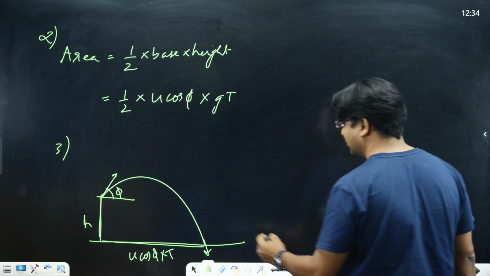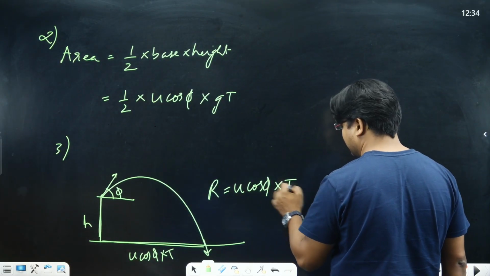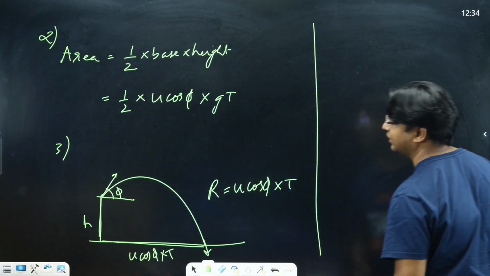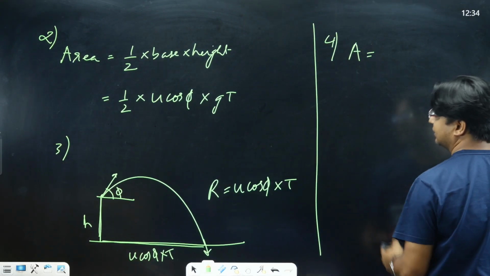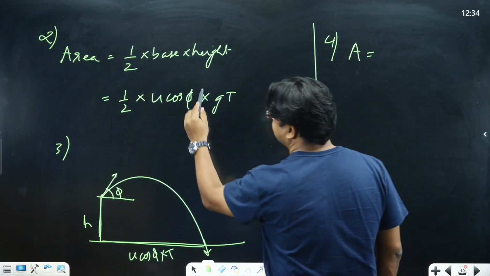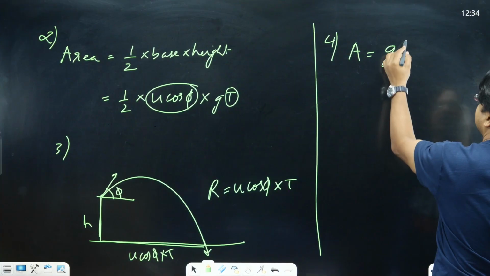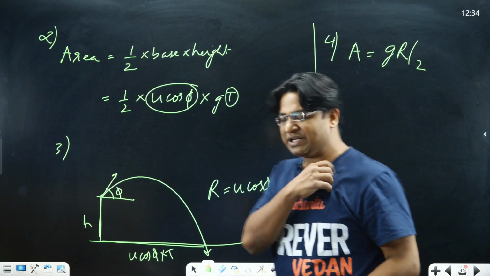So the range is u cos phi into T. So that's my third key idea. And now if you check the third idea and the second idea, we can write the area, since u cos phi into T is R, as gR by 2. That's my next key idea.